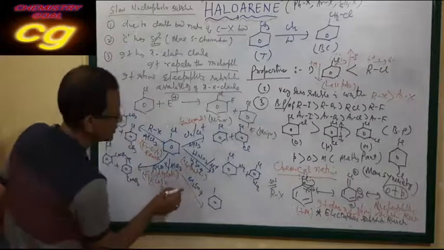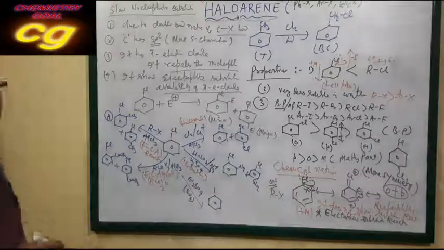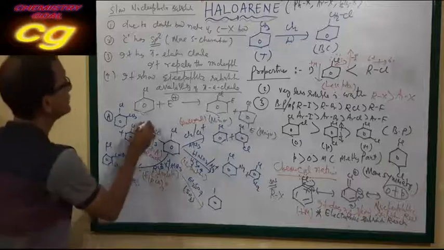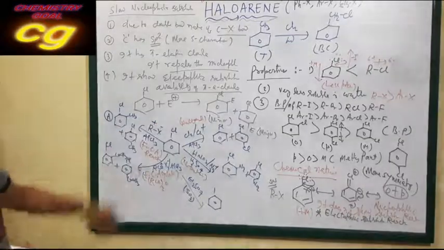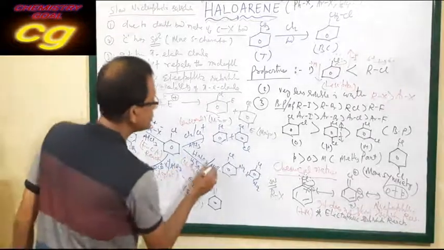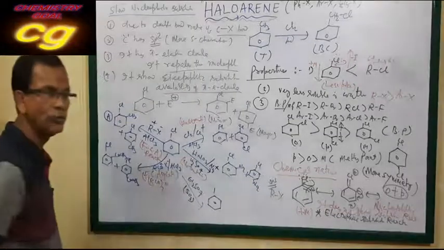Here the electrophile is SO3. Here R plus is the electrophile. Here RCO plus is the electrophile. Here NO2 plus is the electrophile. Here Cl plus is the electrophile. Here SO3 will be the electrophile.